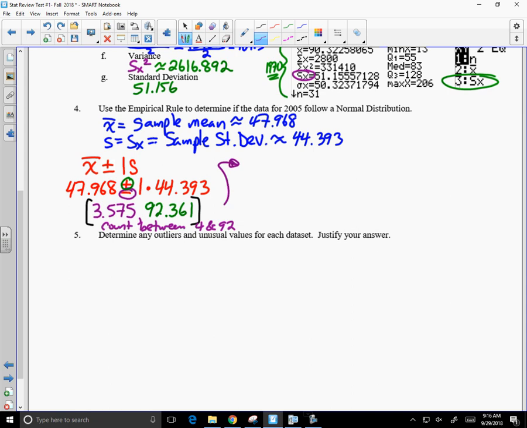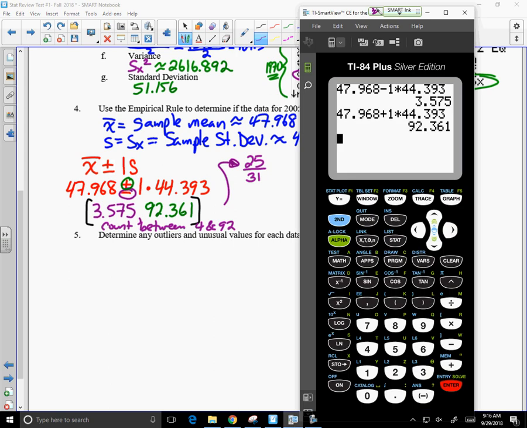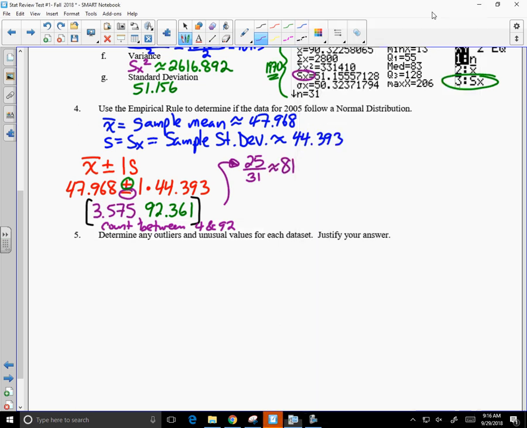All right, there are a total of 31 values. So 25 out of 31. About 81%. This is nowhere near 68%. Therefore, empirical rule fails.